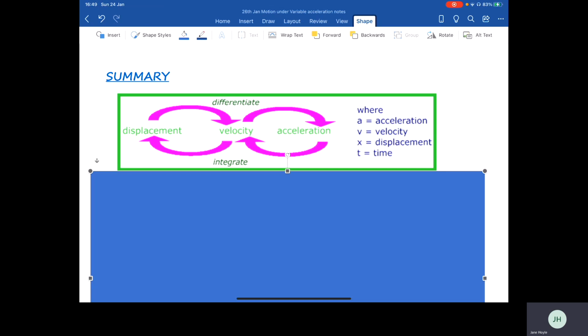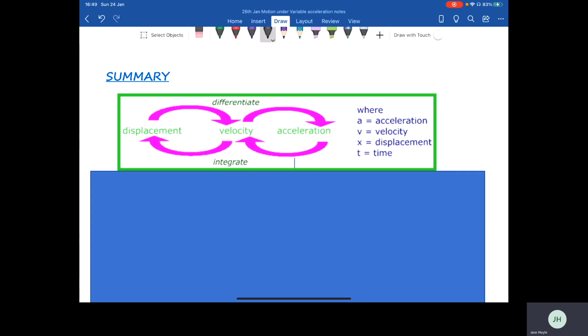Some people like to think of it as a process. So you've got these 3 different steps, or these 3 different quantities. You've got displacement here. I've then got velocity, and I've then got acceleration. So think, right, I've got metres per second, and I've got metres per second squared.